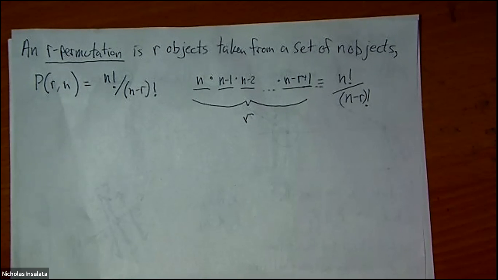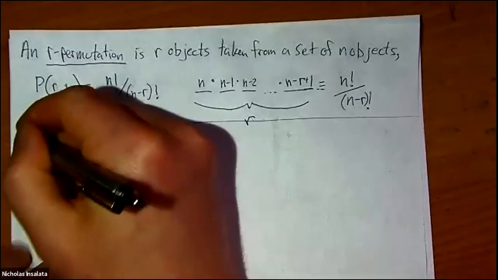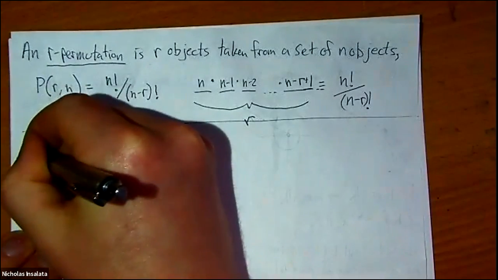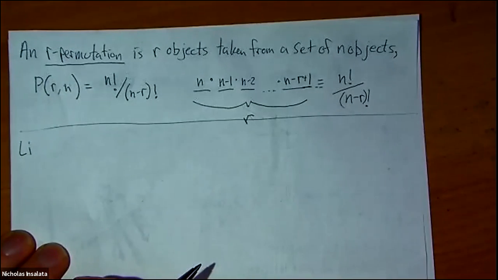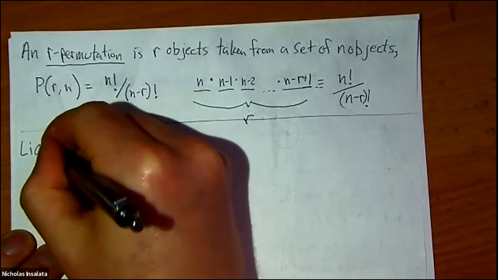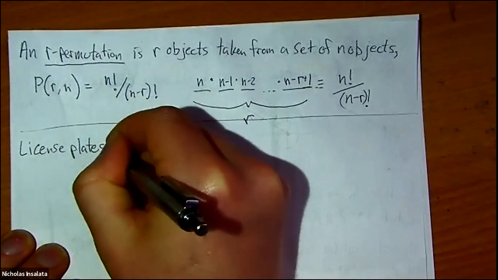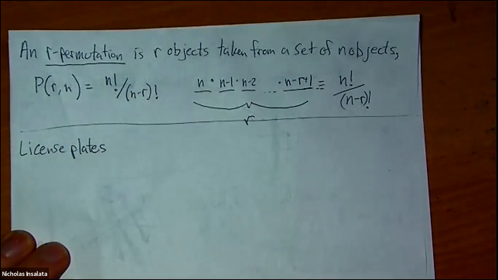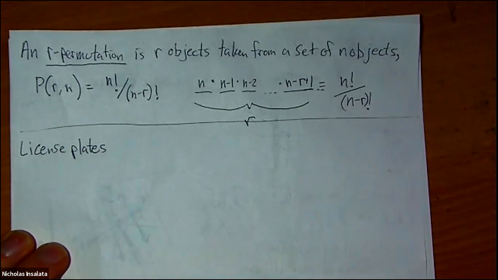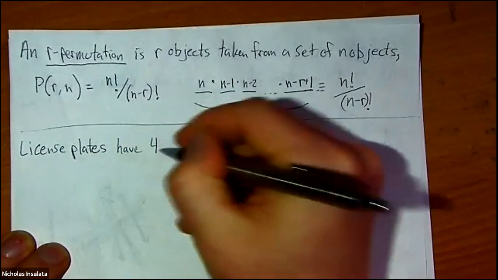So we have license plates. Oh, I always misspell license. L-I-C-E-N-S-E. Which have 4 letters and 3 numbers in some particular state.